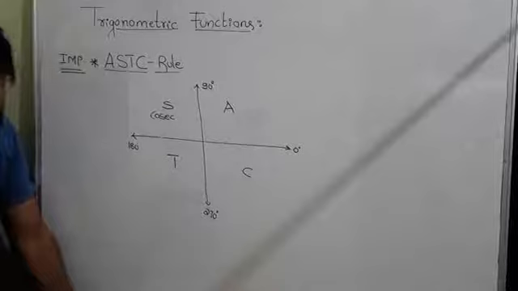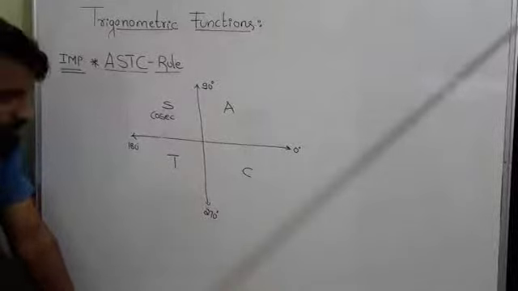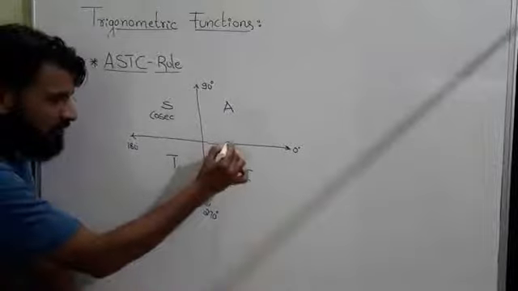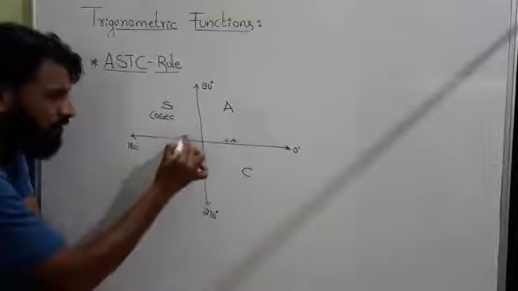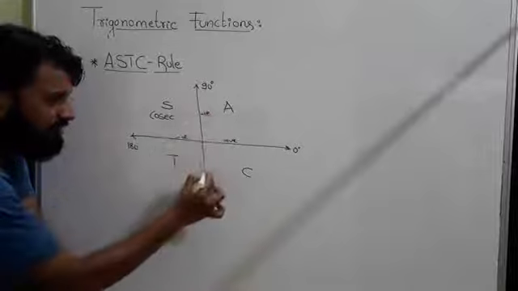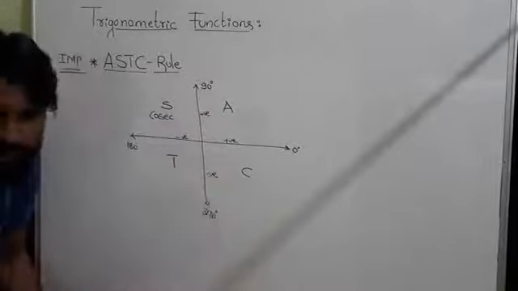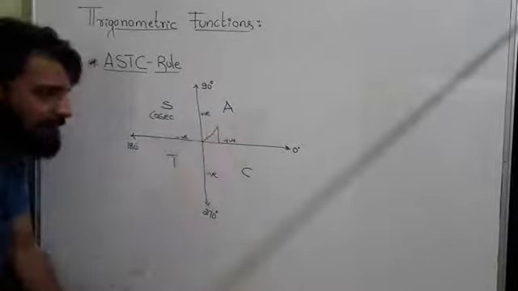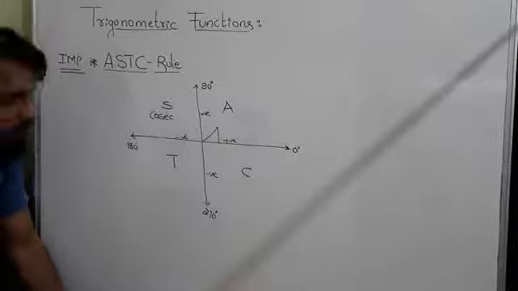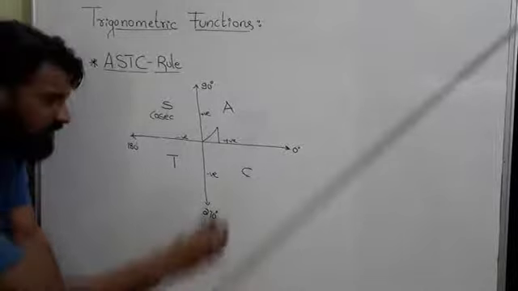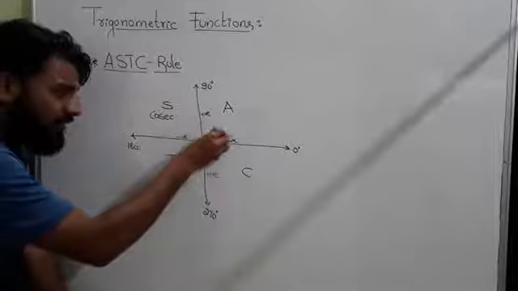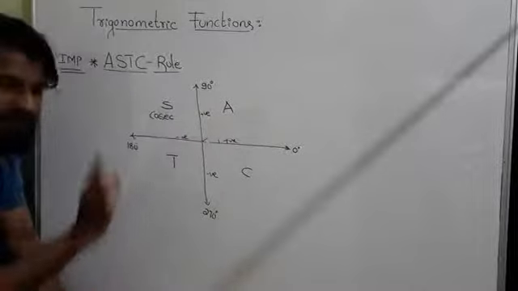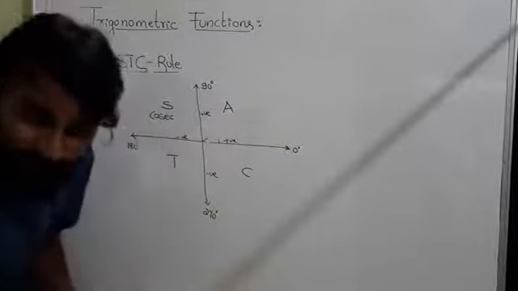How that is defined is by using simple triangles, friends, because as you can see, this is positive and this is negative, this is positive, this is negative. Just by using simple triangles like this, they have done these sign conventions. So in the second quadrant, sine and cosec are positive, the rest all negative.